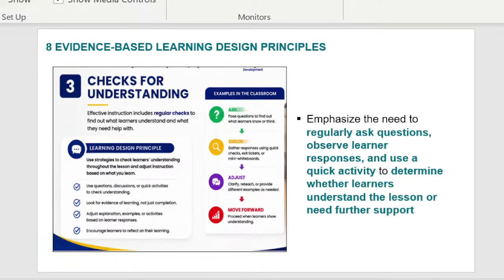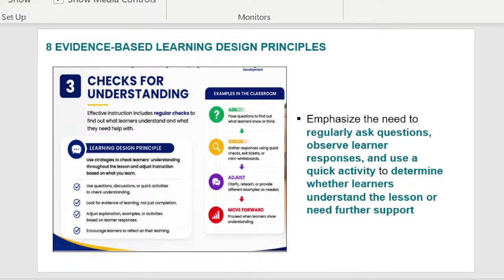Third, checks for understanding. We can regularly check and find out what learners understood and what they need help with, based on their responses, based on what we learned from the SOLO taxonomy.